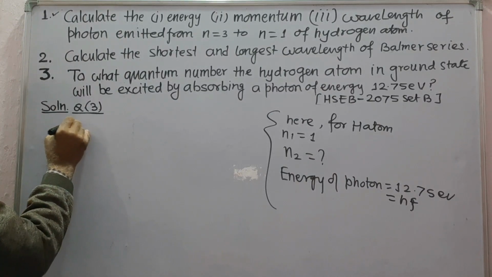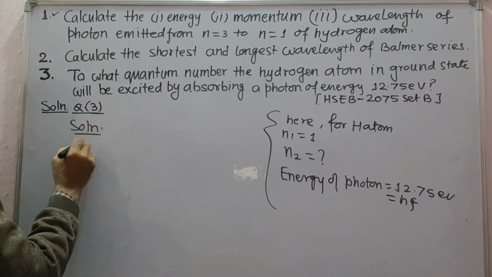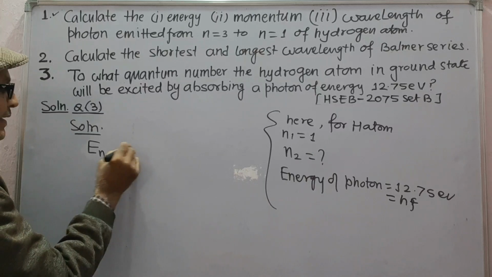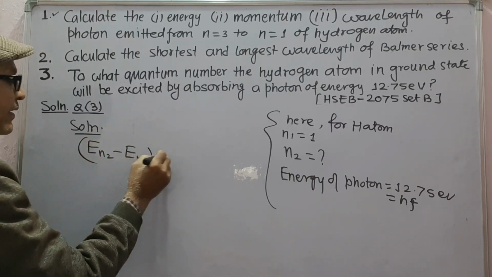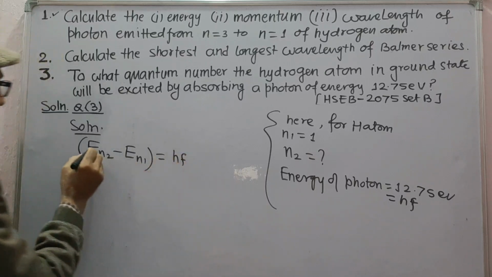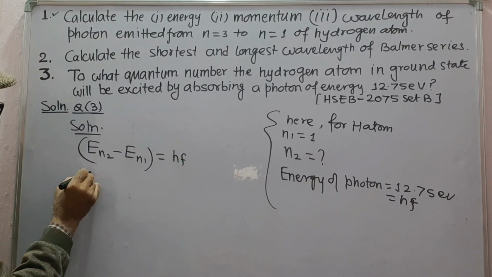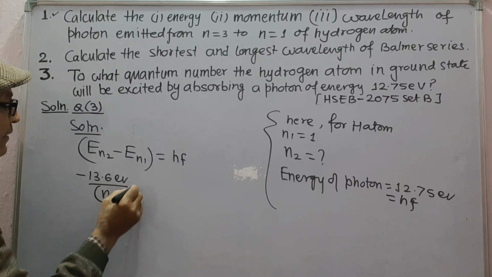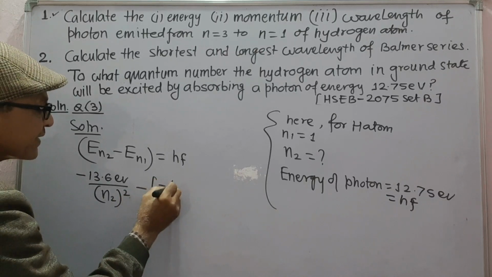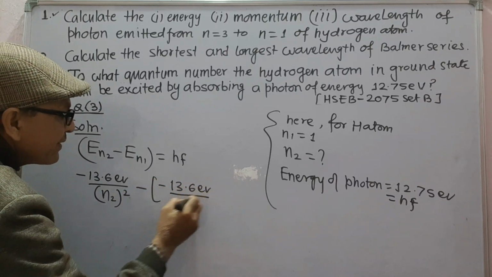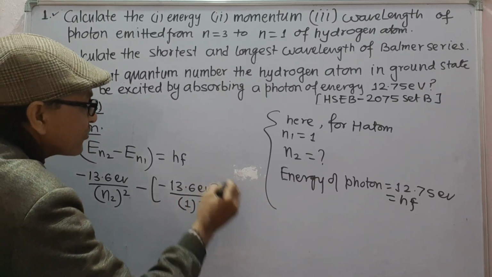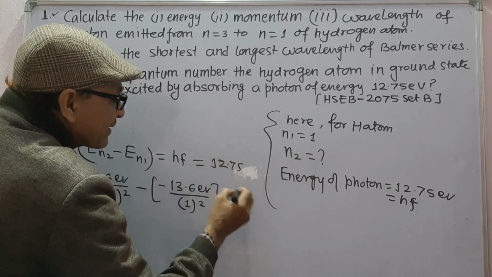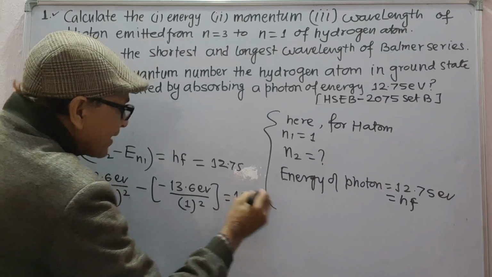Now E n2 minus E n1 will be equal to energy of photon hf. E n2 is minus 13.6 eV upon n2 square, E n1 is minus 13.6 eV upon 1 square, and this is equal to 12.75 electron volt.